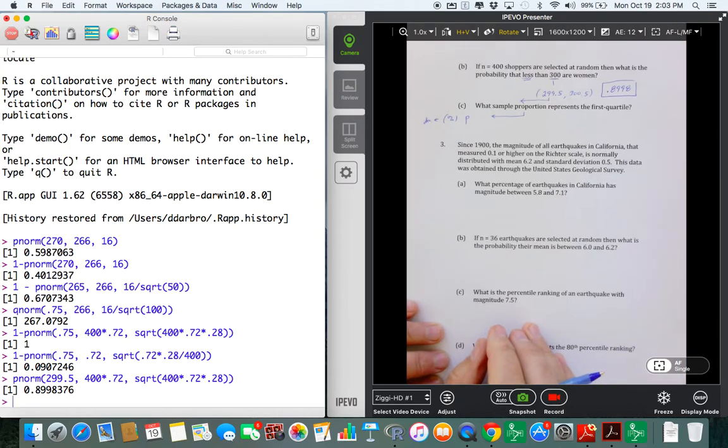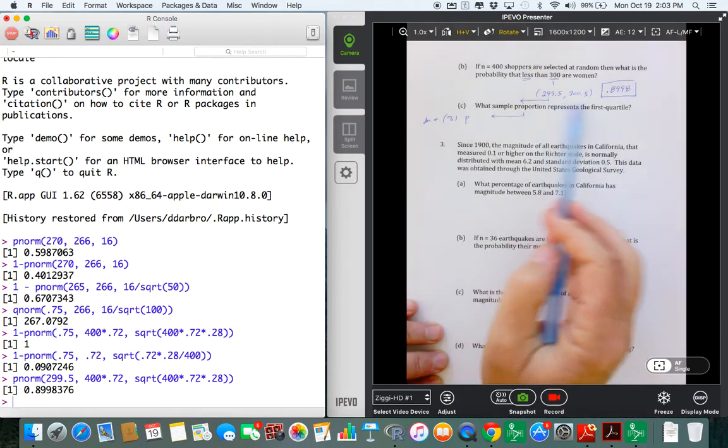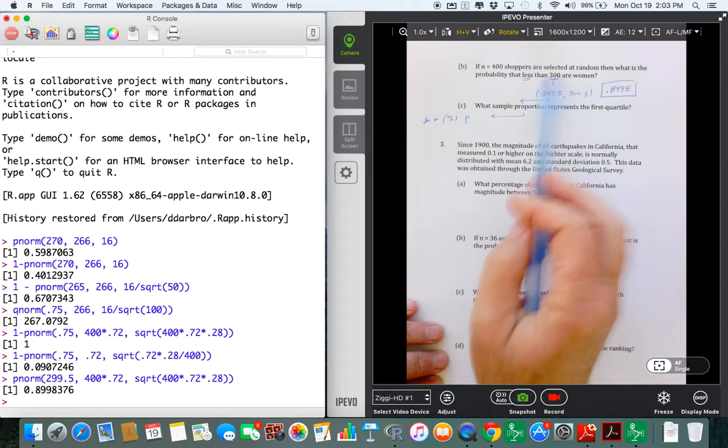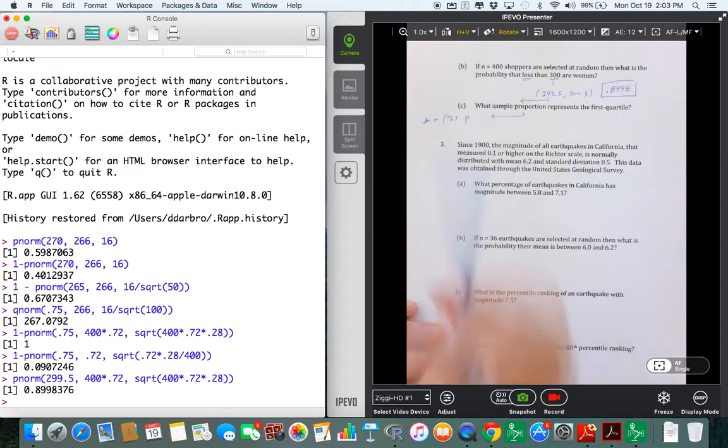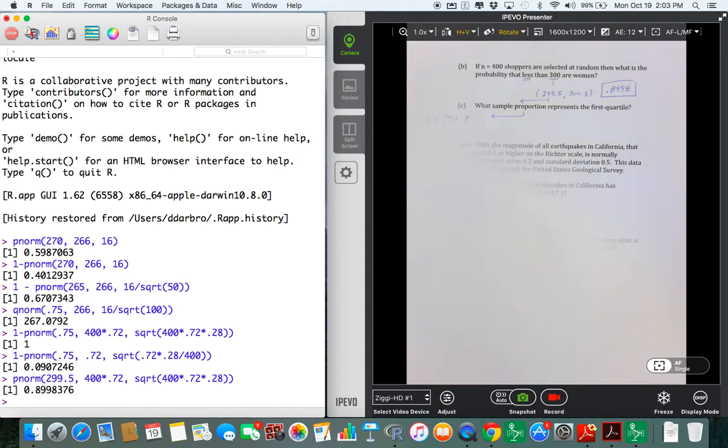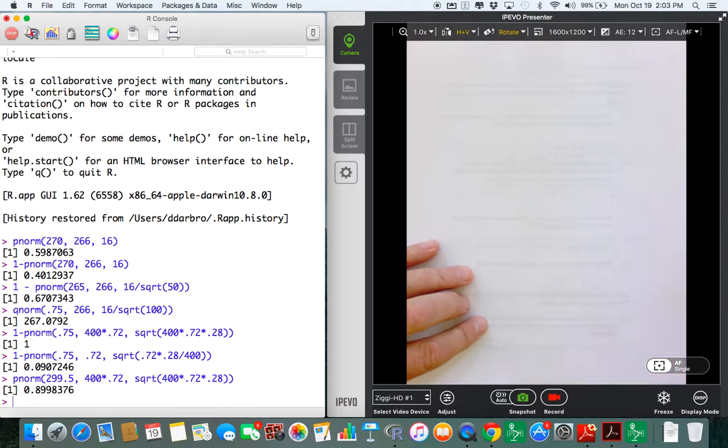So I need to use not this notation, but the notation over there, where my mean is equal to P and my standard deviation is equal to the square root of P times 1 minus P all over N. Now, if that's a little bit confusing, you need to go back and watch one of the videos because I taught this to you multiple places.